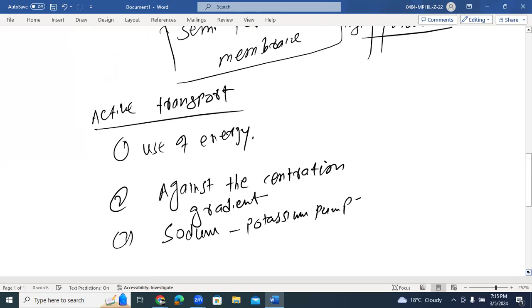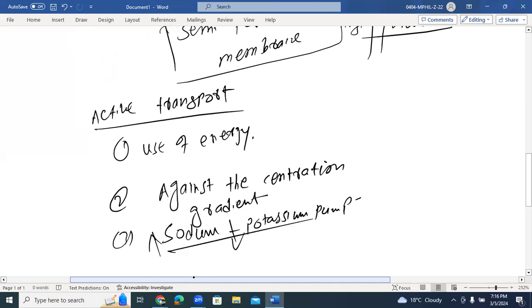It is also in the cell membrane, and specifically in neurons, where the homeostasis in the cell is always maintained by this sodium potassium pump. One side of this pump is transporting sodium, and on the other side it is transporting potassium. So both are moving against the concentration gradient, right?